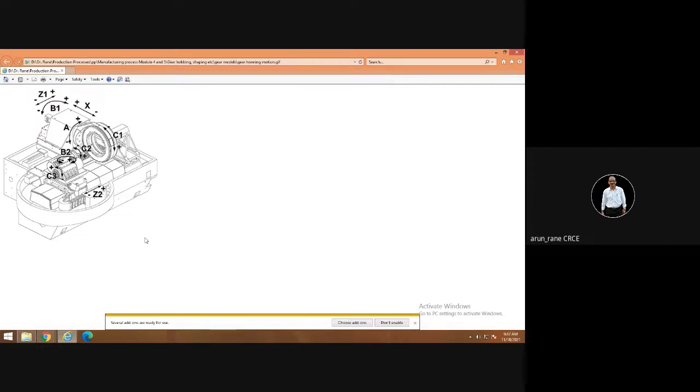Earlier, yes, these machines were there. But slowly the technology of gear teeth shaving was developed in such a way that it was able to finish the component to the desired accuracy.